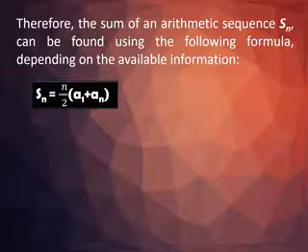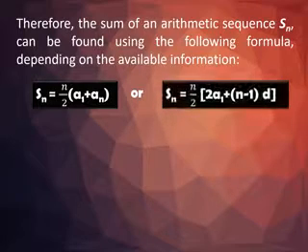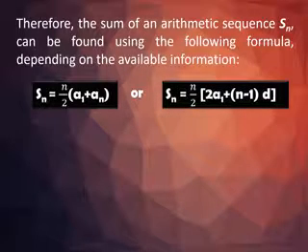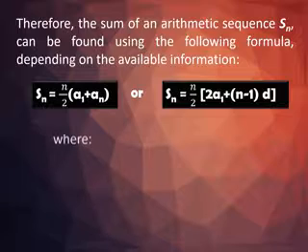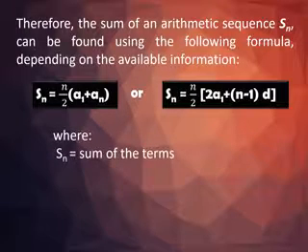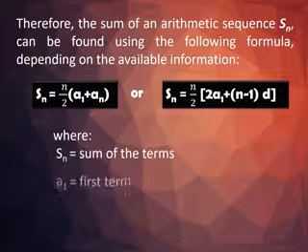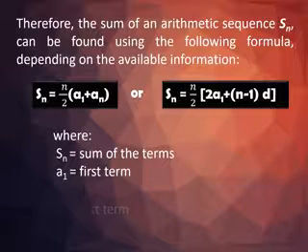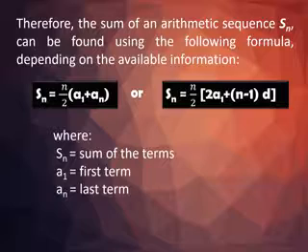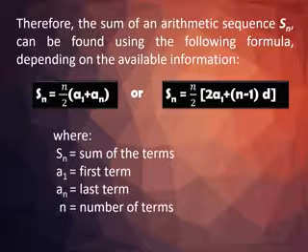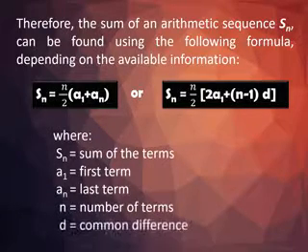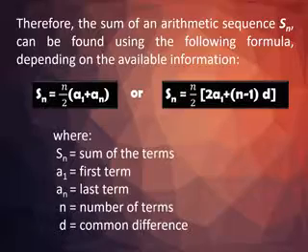S sub n is equal to n over 2 times the quantity a sub 1 plus a sub n, or S sub n is equal to n over 2 times the quantity 2a sub 1 plus the quantity n minus 1 times d, where S sub n is the sum of the terms, a sub 1 is the first term, a sub n is the last term, n is the number of terms, and d is the common difference.